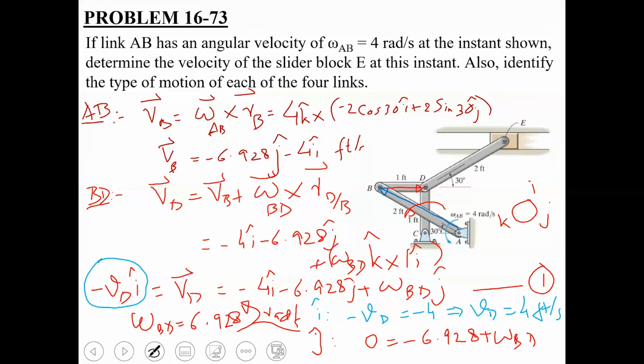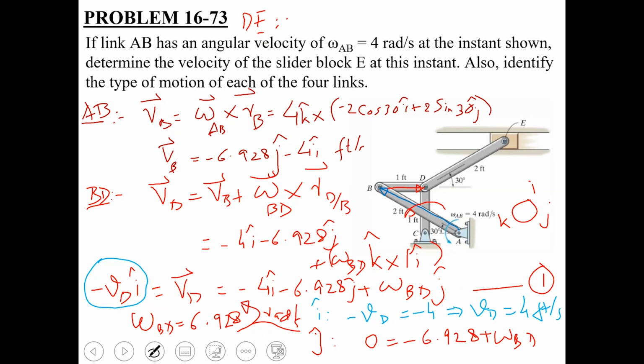Okay, now you have determined the velocity of D and the angular velocity of BD. Now what should be our next step? Velocity of E. Basically, we need to find the velocity of E. Since link DE is in general plane motion, we are going to apply the relative velocity equation on link DE. I am writing at the top since there is little space.